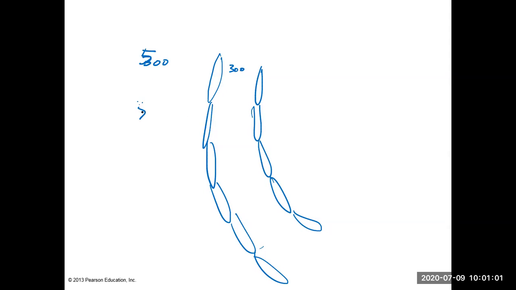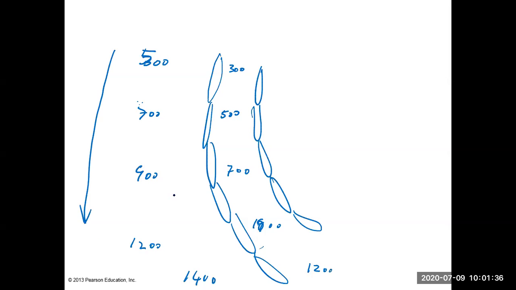If outside is 700 milliosmol, inside would be 200 less, 500 milliosmol, and so on. So 900 outside, this would be 700, and this one would be 1200. This one would be 1400, and this one would be 1200. So you can see, as I told you earlier, as you're going down, osmolarity increases. Even inside of the tube, osmolarity increases.